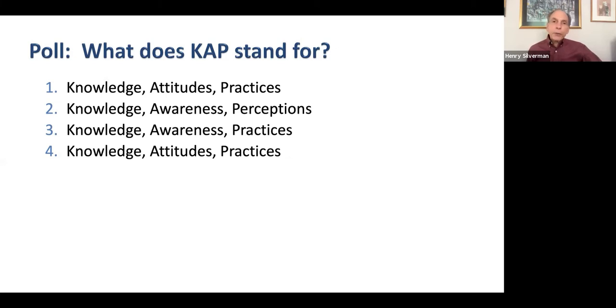But I hope to convince you that I really think the important things to measure are knowledge, attitudes, practices. Perception is also an important thing. But how do you choose?